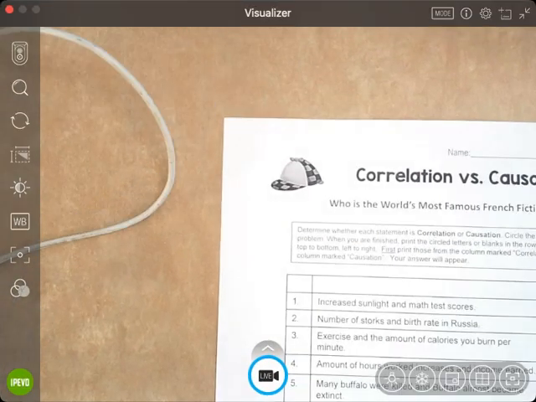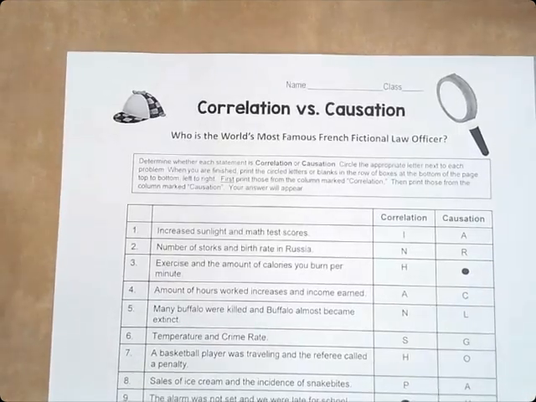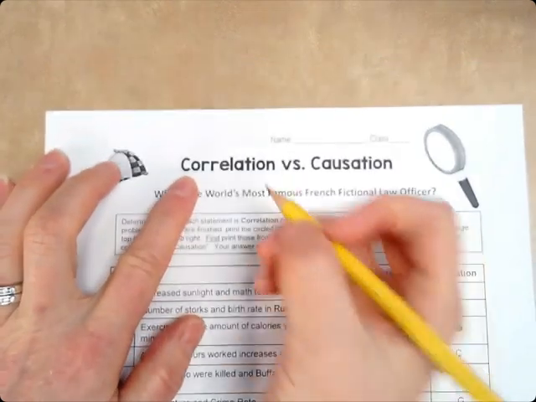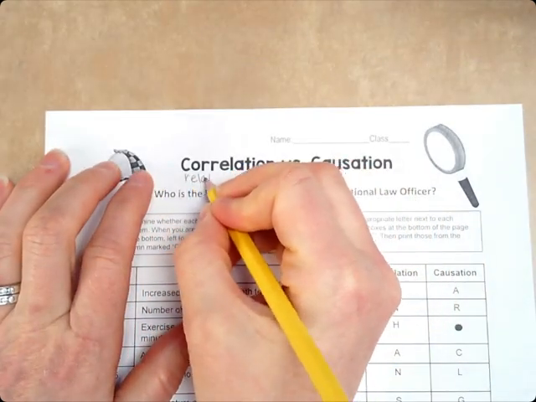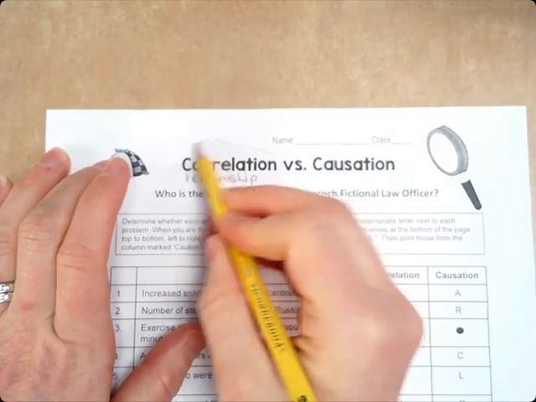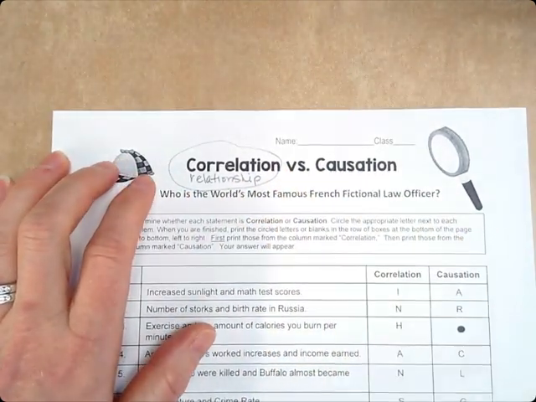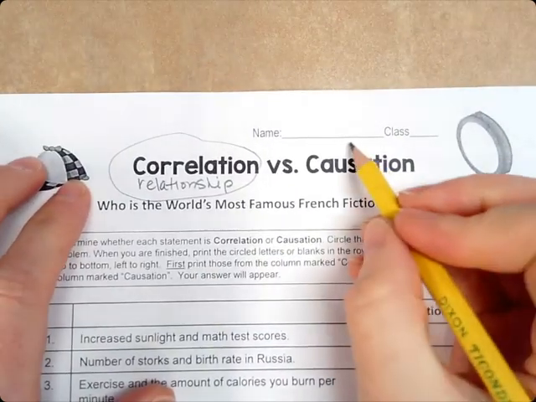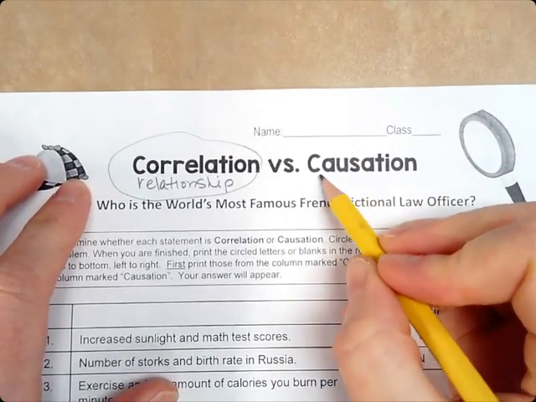Let's look at the assignment from the other day. So we have correlation versus causation. There's just a couple I wanted to go over with you. So remember, correlation is a relationship. But cause and effect is causation.